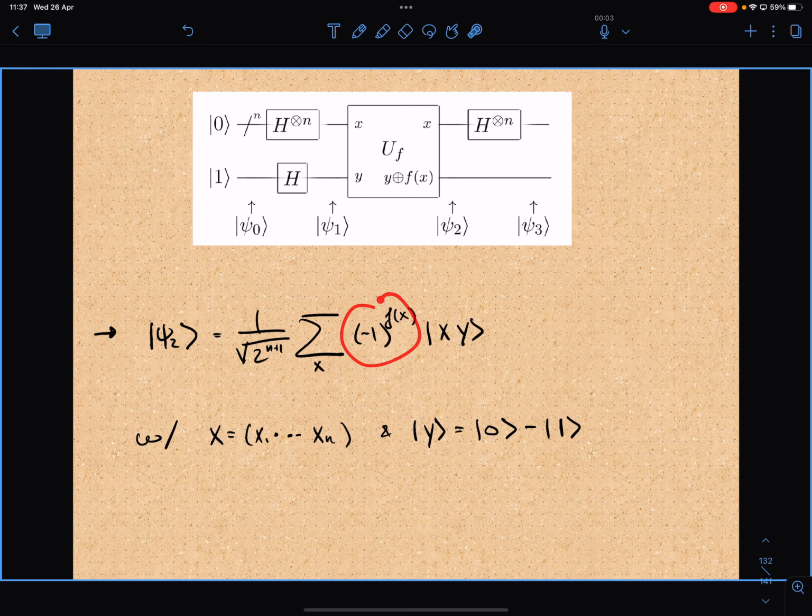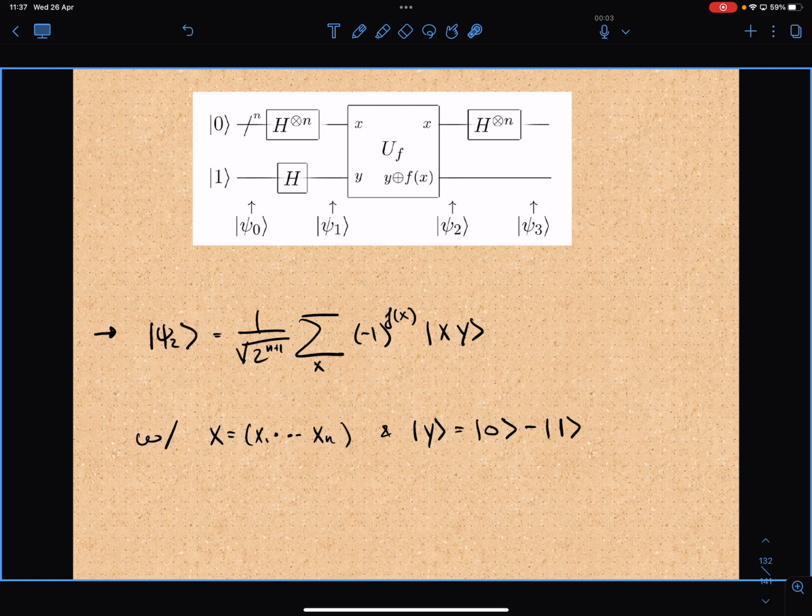What's this value when f of x is equal to 1? -1. And if it's constant, it's going to be -1 for all of them. So relatively, they're all going to have the same phase. And so if it's constant, all the states are going to have the same phase.